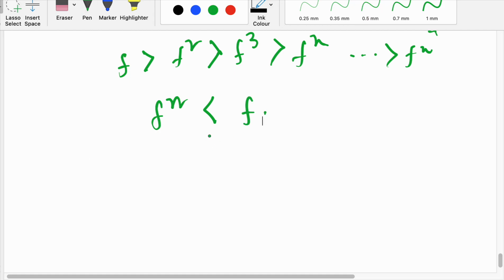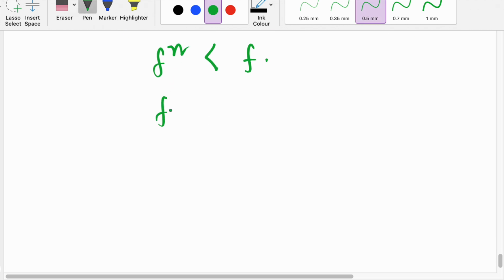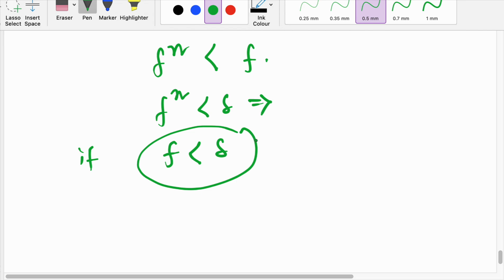So if we have to prove that f^n is less than delta, now if we can prove that f is less than delta, that will automatically satisfy this, because f is greater than f to the power n, so if f is less than delta, f^n will always be less than delta.